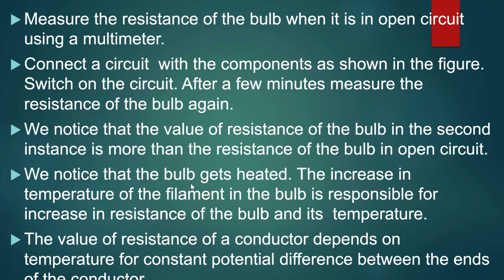We notice that the bulb gets heated. The increase in temperature of the filament in the bulb is responsible for the increase in resistance of the bulb. The value of resistance of a conductor depends on temperature for constant potential difference between the ends of the conductor.